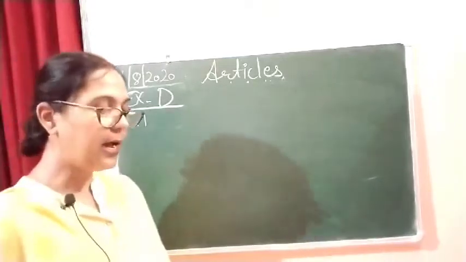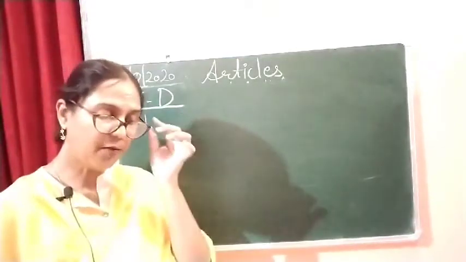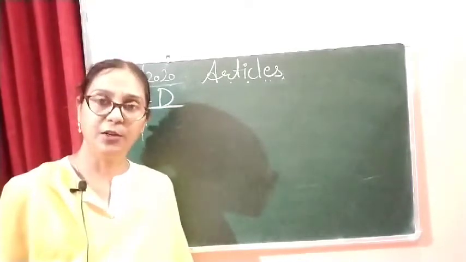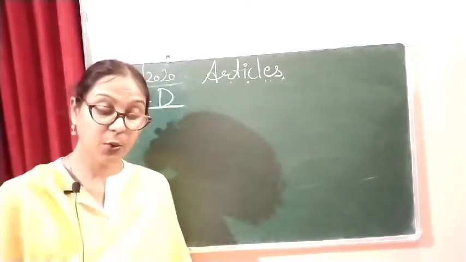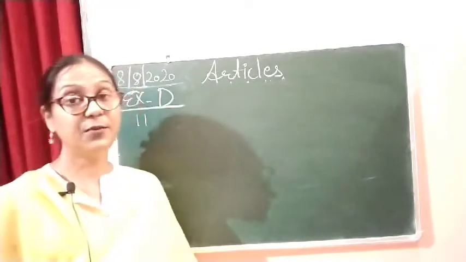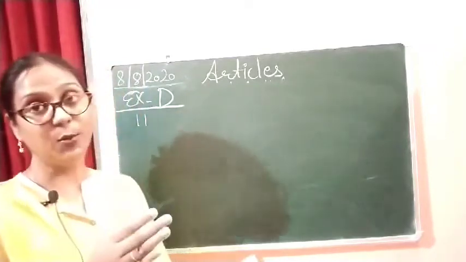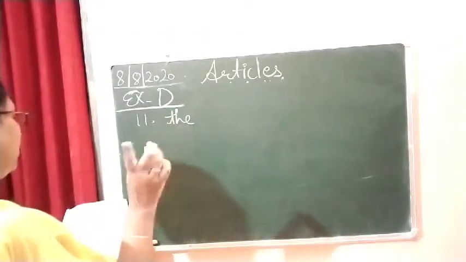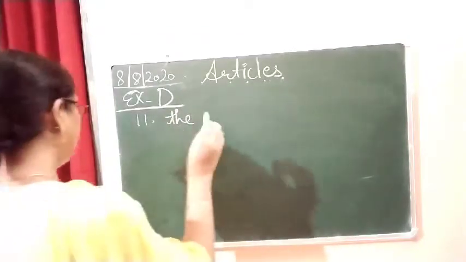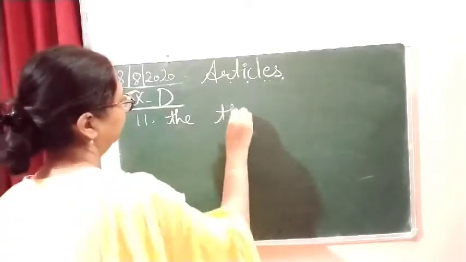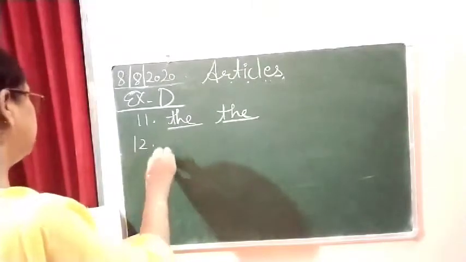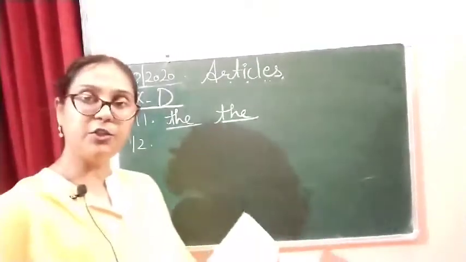Tagore is dash only Indian to have won dash Nobel Prize in literature. So here Tagore is the, because we are specifying Tagore. In number 11, Tagore is the only Indian to have won the Nobel Prize in literature.